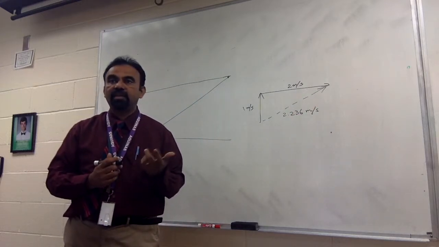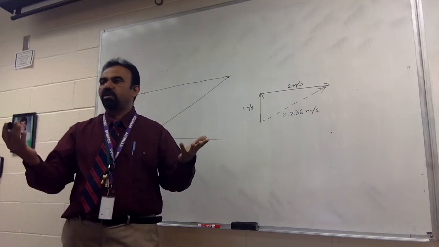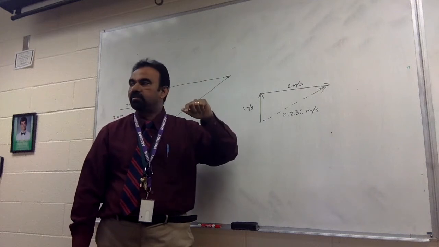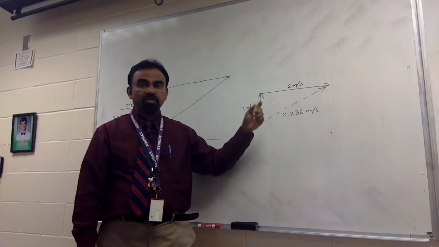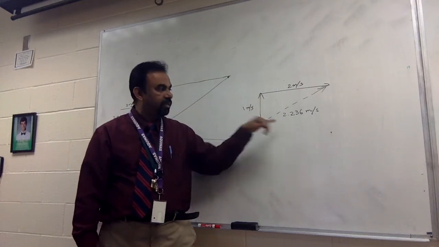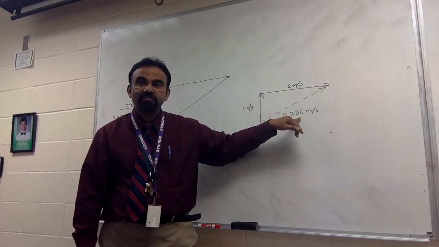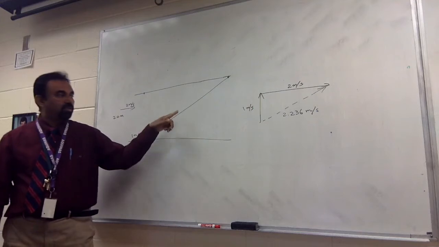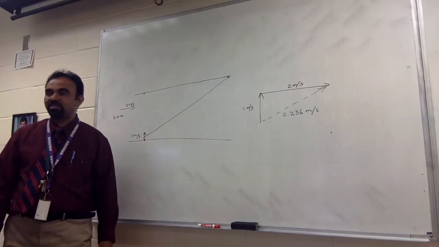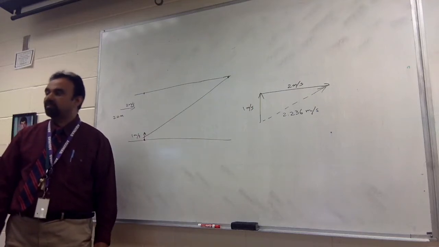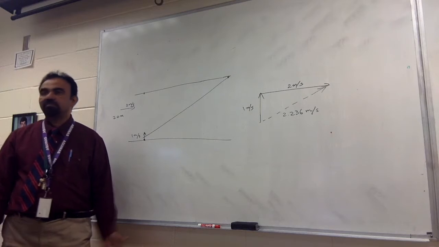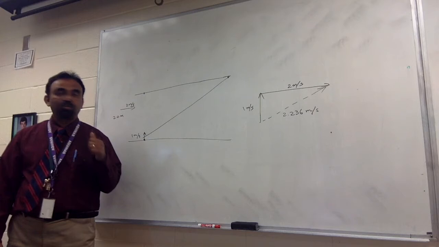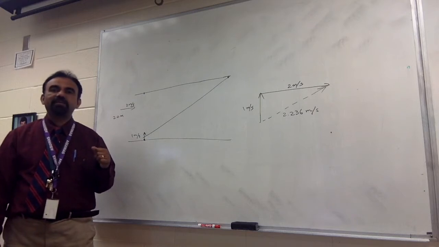Square root of 5: 1 squared plus 2 squared, under the radical. Use the Pythagorean theorem, 90 degrees here. So it's 2.236. Good. So you're moving at 2.236 meters per second, faster than your own speed and faster than the river also.